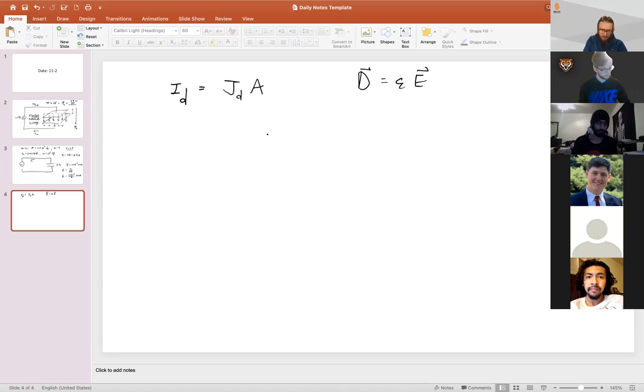So we're doing a little bit of a cheat. We're converting from vector into scalars by assuming that the whole circuit here is oriented in the same direction.